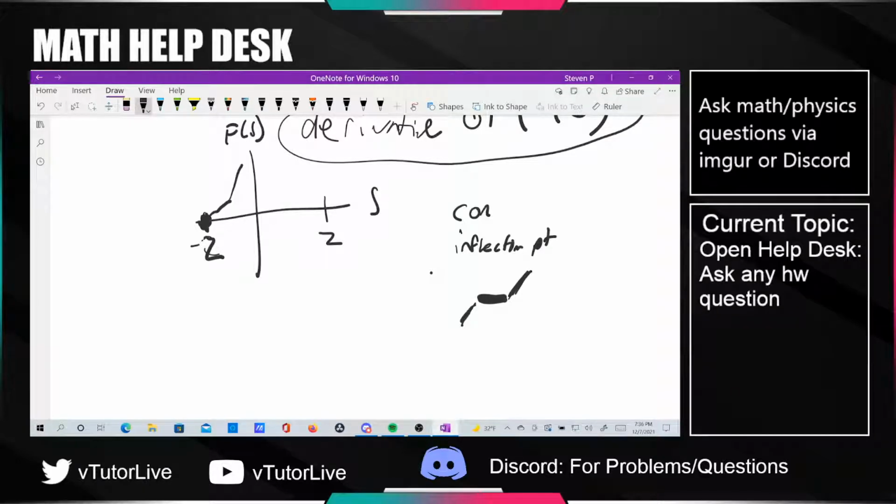Hang on. Let me remind myself. So what is an inflection point? It looks something like that, right? Where the slope is temporarily 0. And it's positive on one side and positive on the other, but it's 0 temporarily.